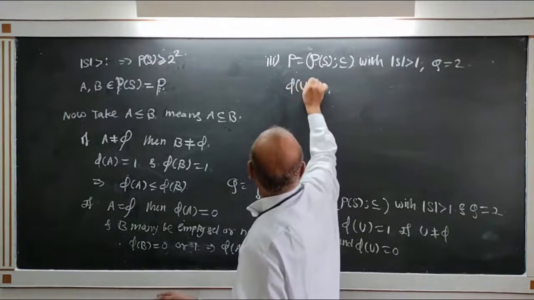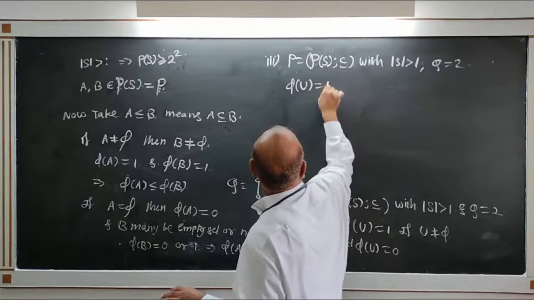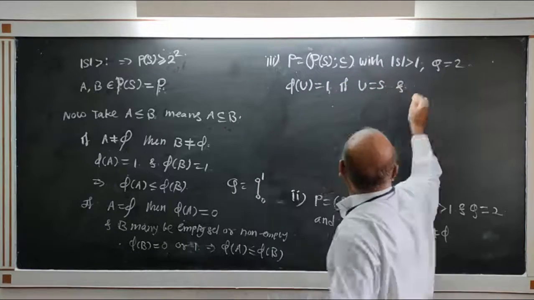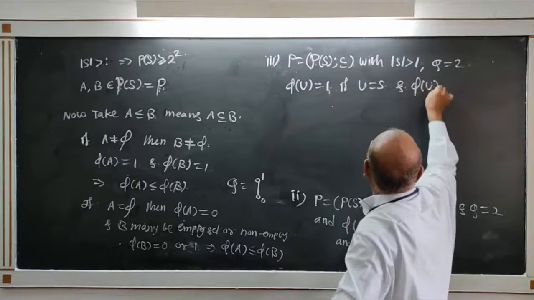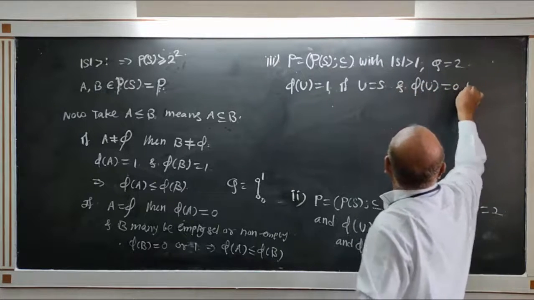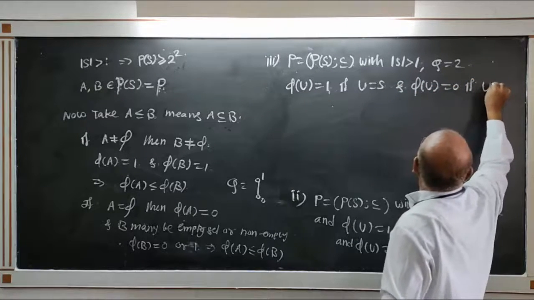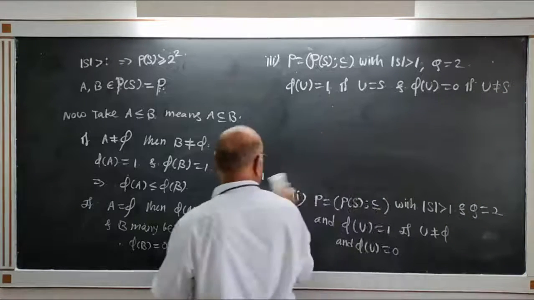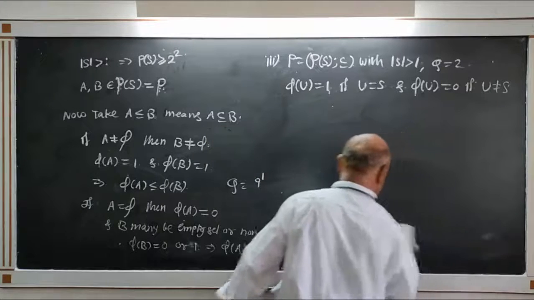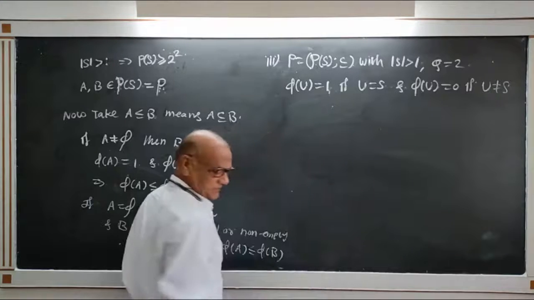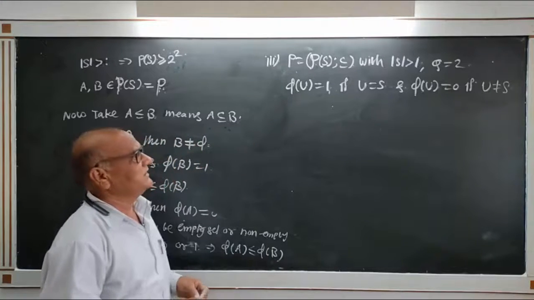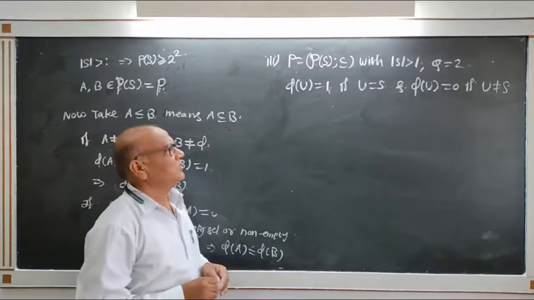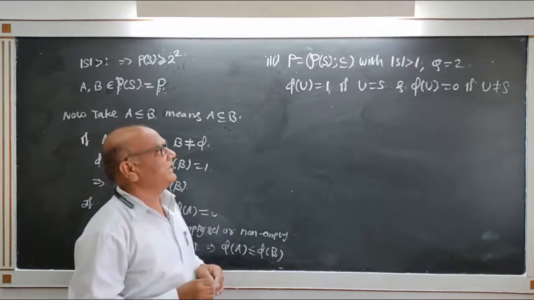Phi of U is equal to 1 if U is equal to S, and phi of U is equal to 0 if U is not equal to S. Same way, here Q is a chain of 2 elements, P is the power set of S, S is non-empty, and S contains more than one element.